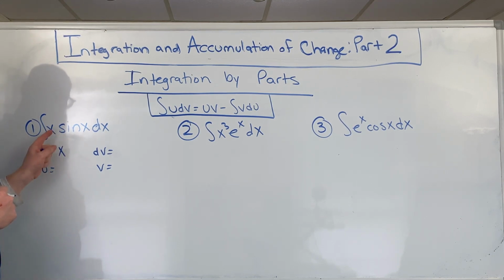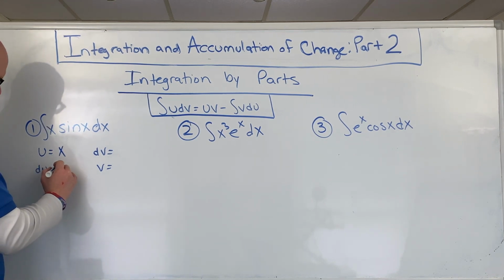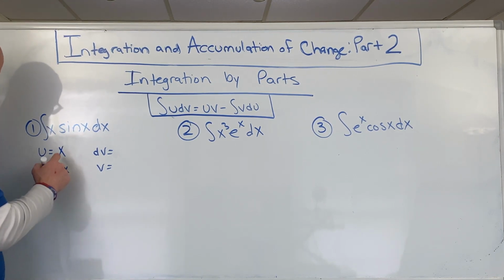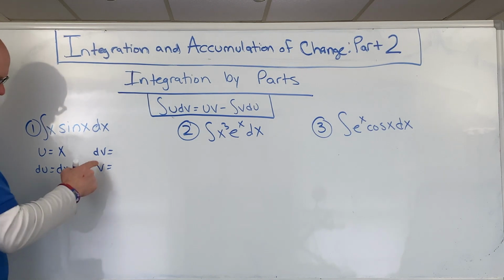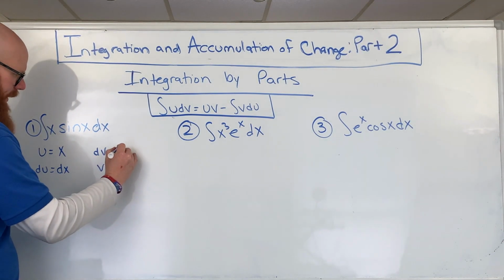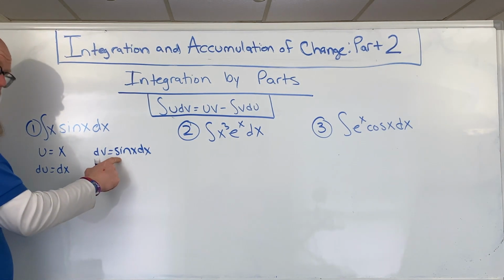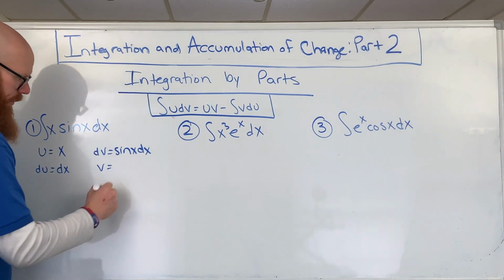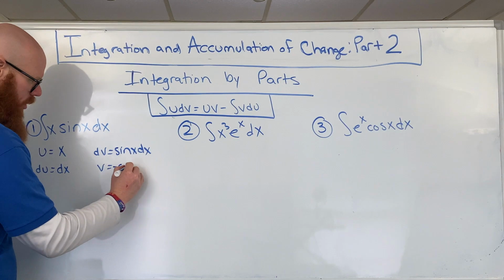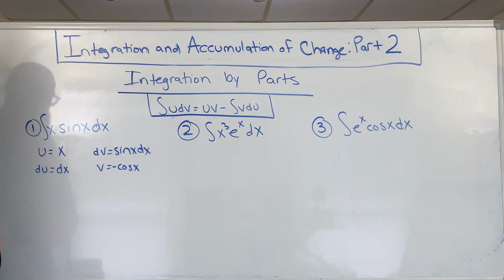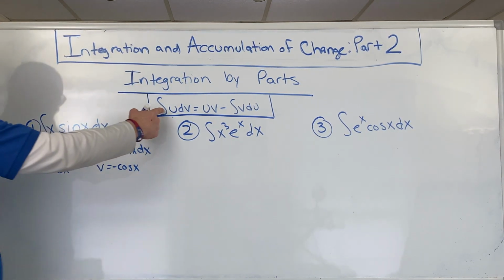But for this one, it makes the most sense to make u equal x, because when I take du, I'm just going to get dx. The derivative of x is 1. dv I'm going to make sine x dx, and v is the integral of that, so that's going to be negative cosine x. And then I simply use the formula.